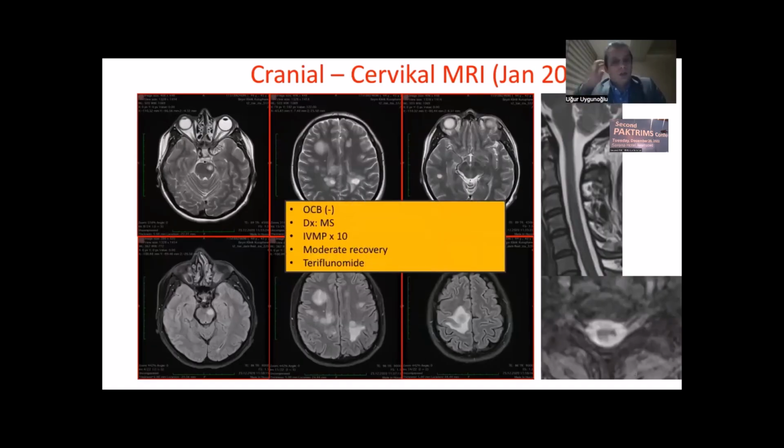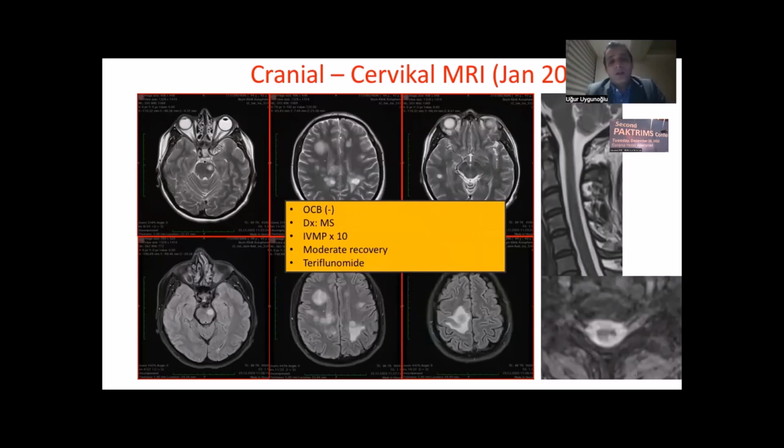This patient was treated with IV methylprednisolone in another center in Turkey, and moderate recovery was obtained after the treatment. At the time of the complaints, she was given teriflunomide. So it might be reasonable to start with teriflunomide as a first-line treatment option.